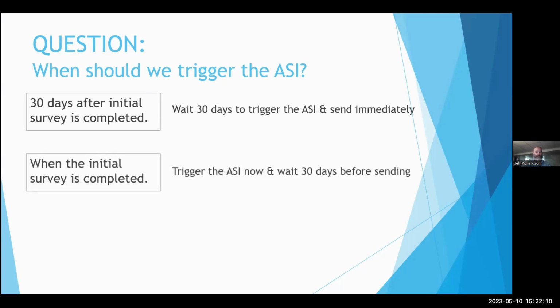Or should we trigger the ASI immediately as soon as the survey is completed, and then we'll configure the ASI to send after 30 days have passed? Both methods work without issue, but we'll examine how the different approaches affect the survey invitation log differently.